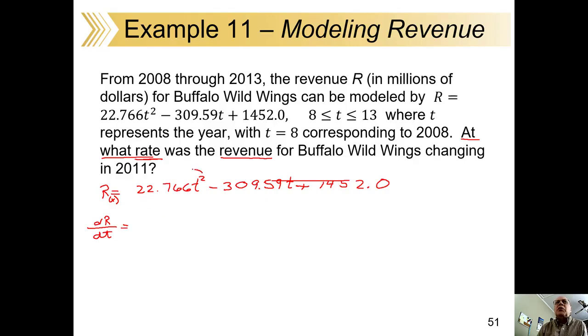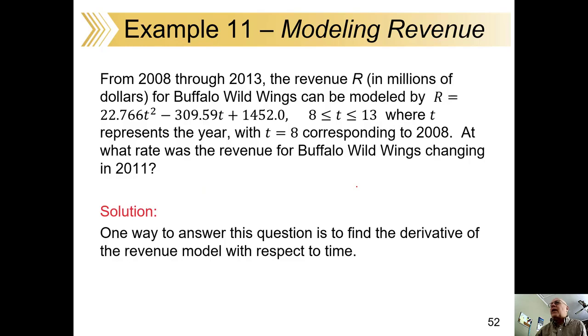So bring that 2 out front, multiply it times the 22.766. The t one will be easy because the derivative of the t itself is 1. So this will be minus 309.59. And the derivative of this part, 0. Remember right at the first of the lesson? So what do we have?